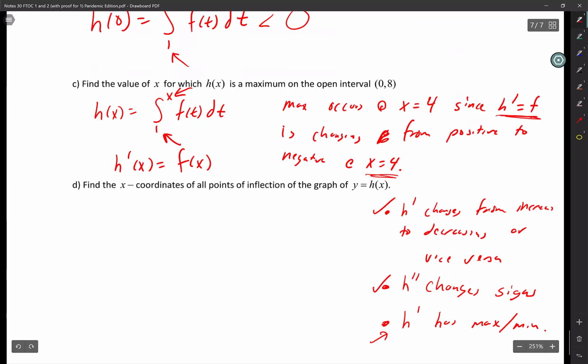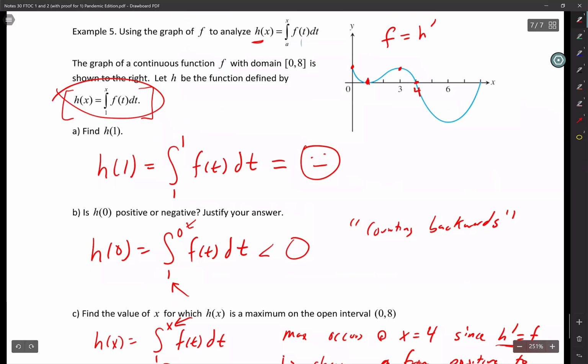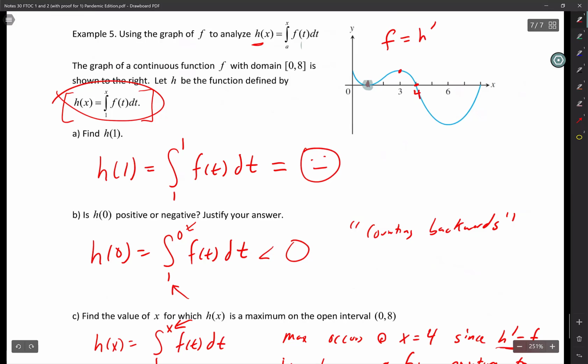So let's look at h prime. Here's h prime, guys. I'm looking at h prime, and I see that h prime is changing from decreasing to increasing at 1. And then I'm changing from increasing to decreasing at 3.